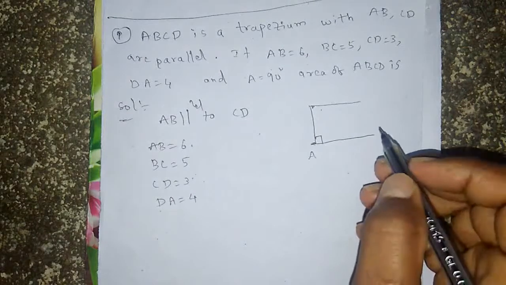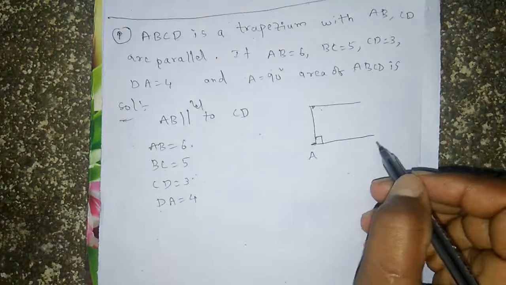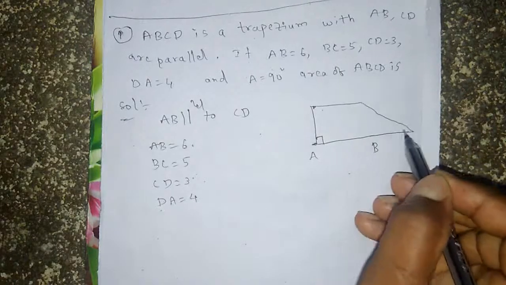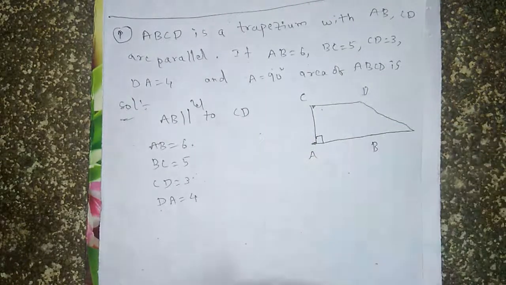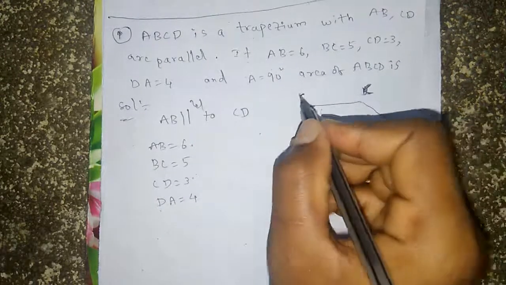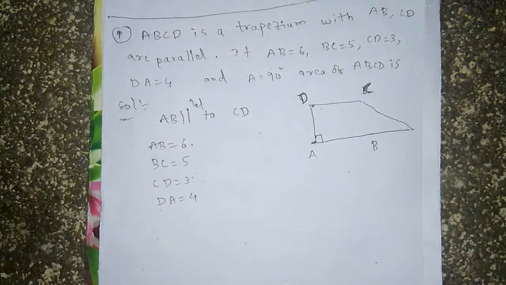A, this is B, C, D. Sorry, this is C, this is D. AB is parallel to CD, if A is 90, D is also 90.